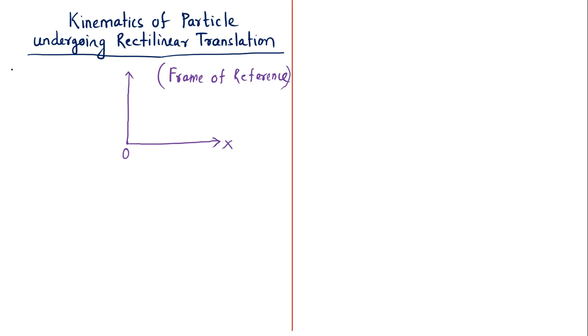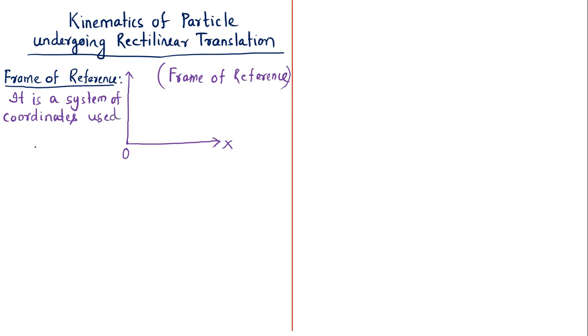What do we mean by frame of reference? It is a system of coordinates, used to identify the location and direction of a particular body in space at a particular instant of time.